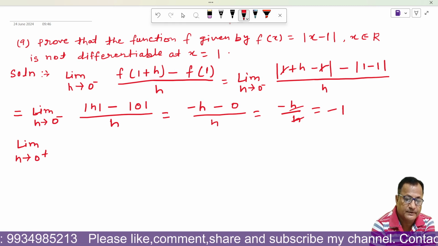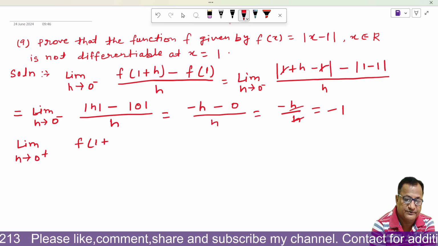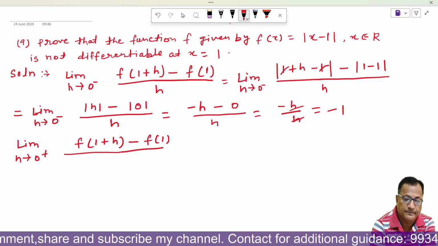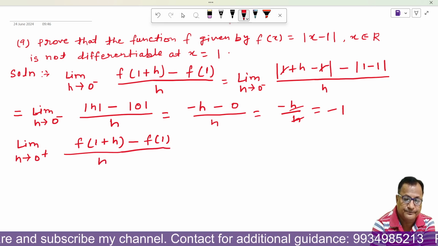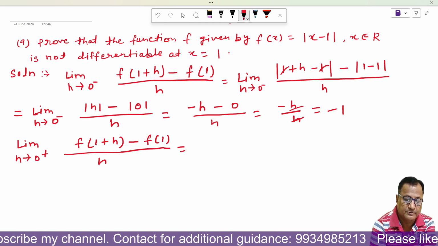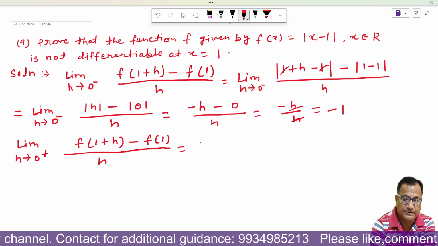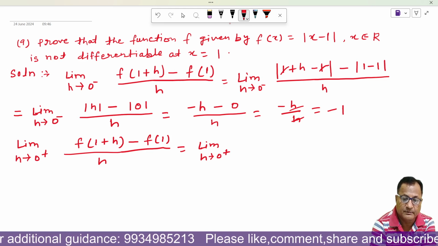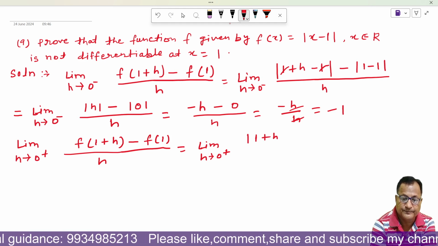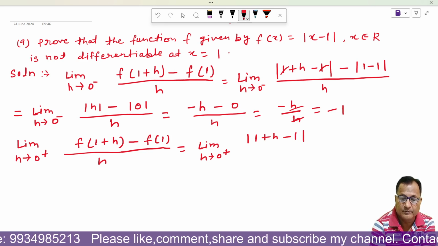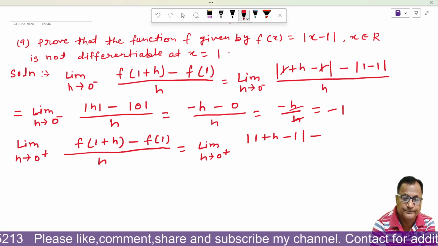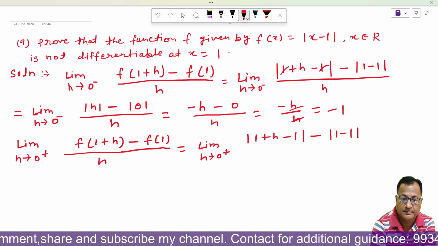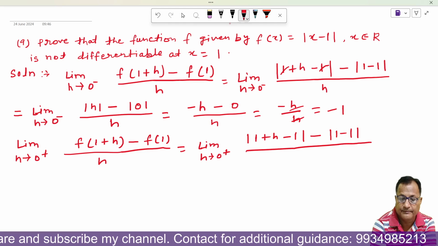Limit h tends to 0 plus, [f(1 + h) - f(1)] divided by h, is equal to limit h tends to 0 plus, |1 + h - 1| minus |1 - 1|, divided by h.